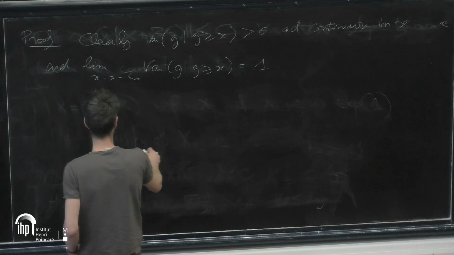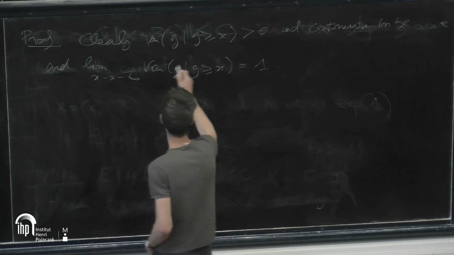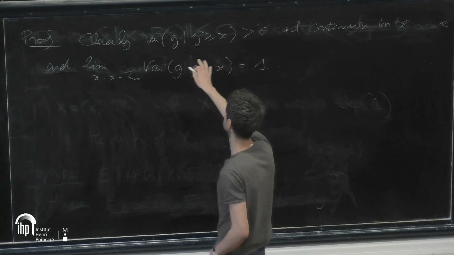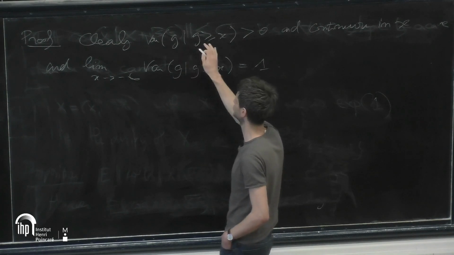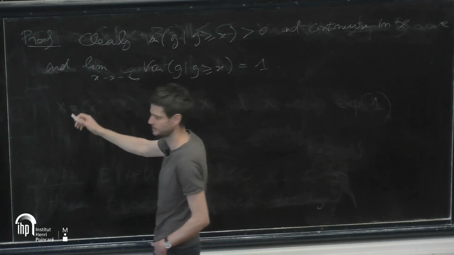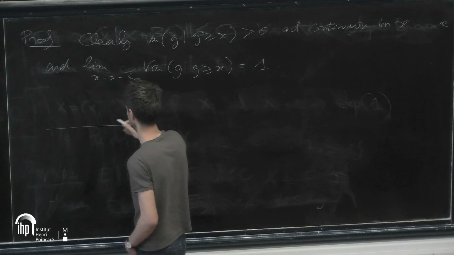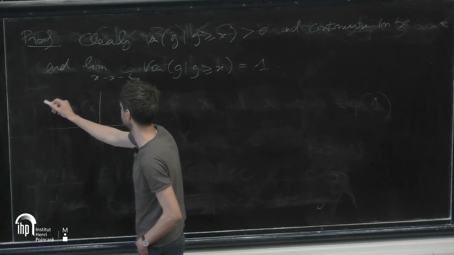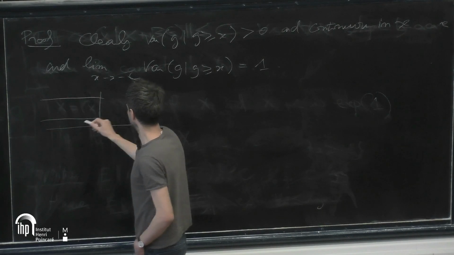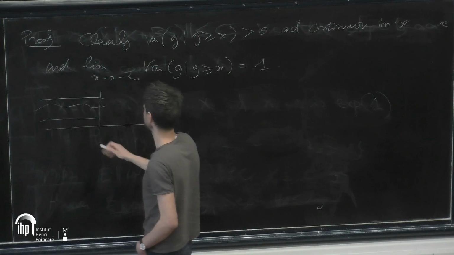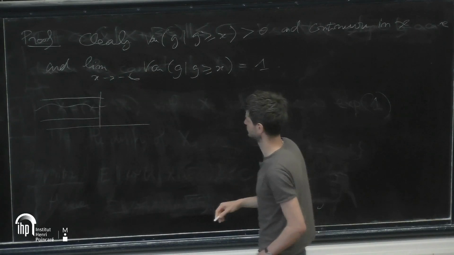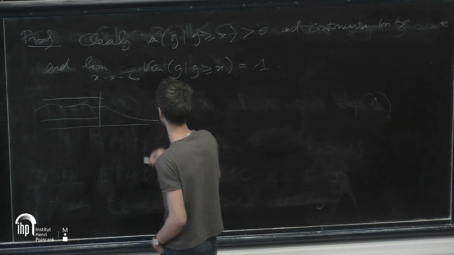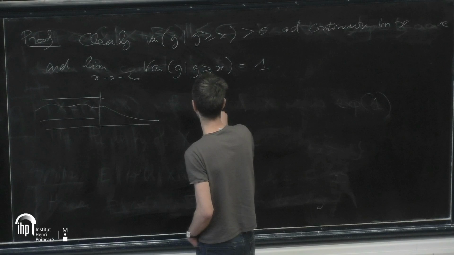By Brascamp or whatever, it's also less than 1 everywhere, but actually I don't really need that. So it's between two constants on R minus. Maybe there is some monotonicity, I'm not exactly sure, and I don't really care. I only need to understand the behavior at infinity.